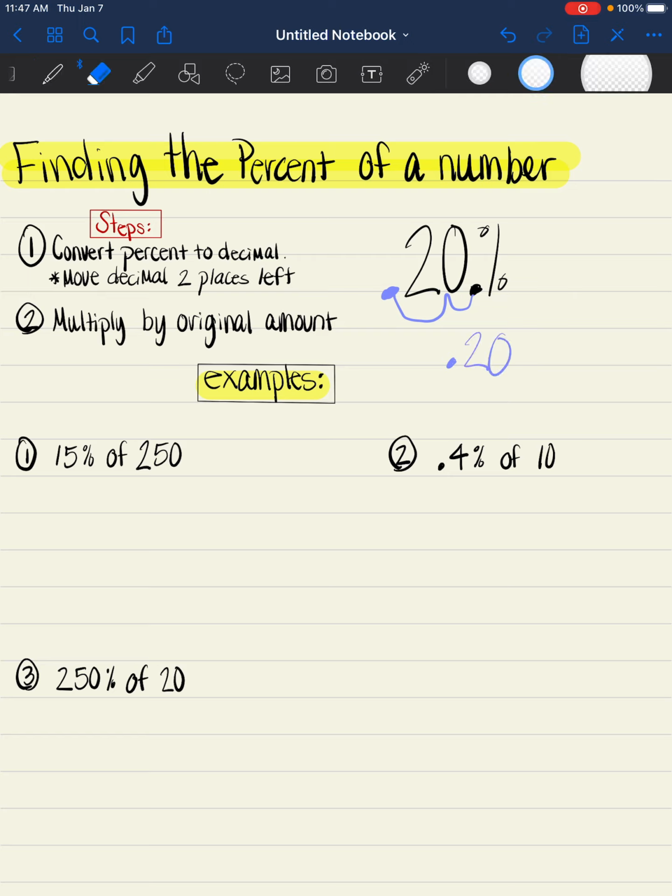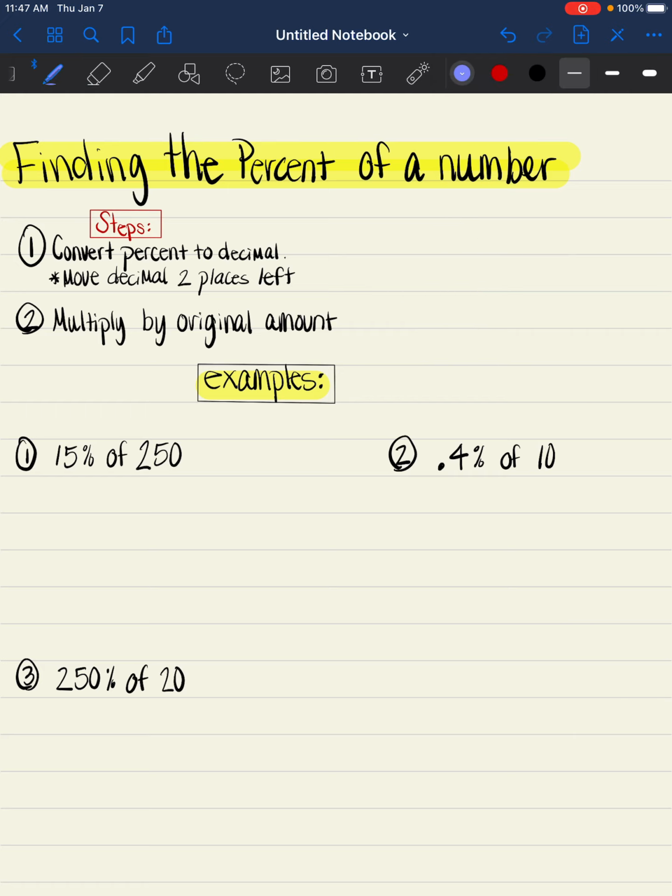Okay, and it might look a little bit different. There might be a decimal already in the number. So if we have a number like 1.2%, we don't have to write the decimal because they already wrote it for us. So we just start wherever that decimal is and we follow the same process.